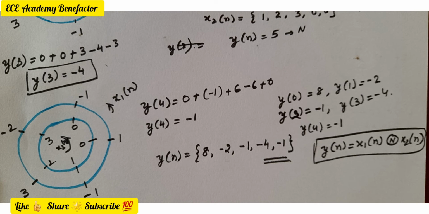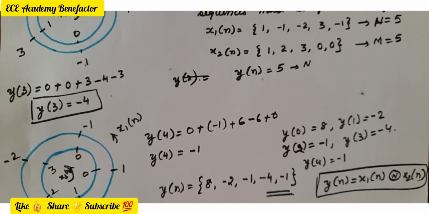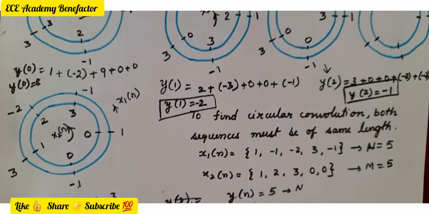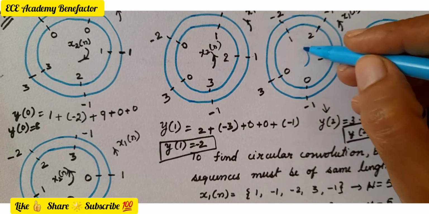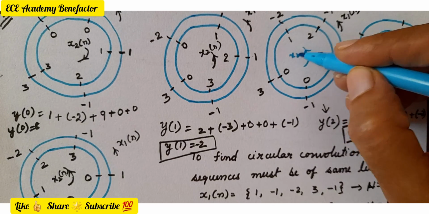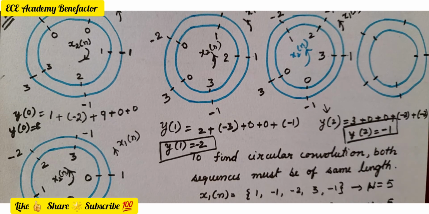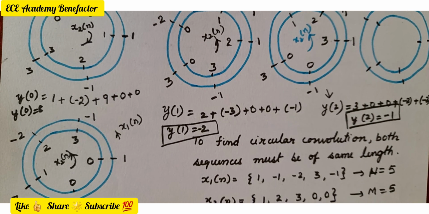So first we made the sequences of the same length and plotted x1 of n on the outer circle in anti-clockwise direction and x2 of n in clockwise direction, and in every step x2 of n is rotated one step in anti-clockwise direction to get y of 0, y of 1, y of 2, y of 3 and y of 4. I hope you have understood the class.